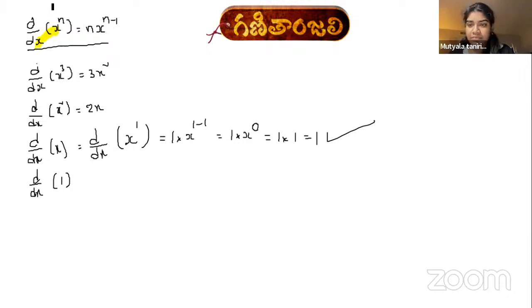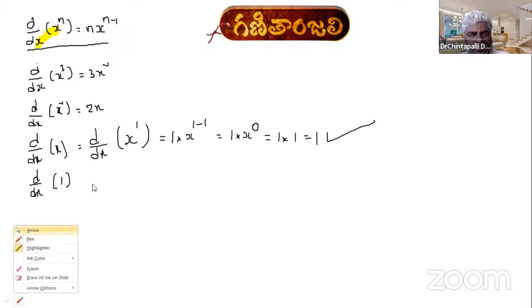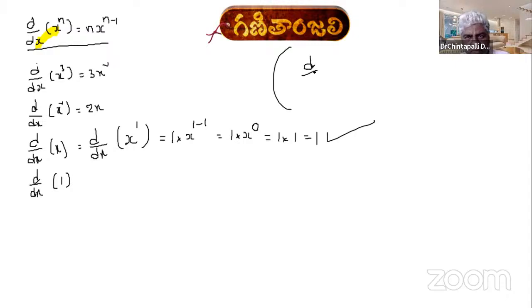One may think, and it is wrong thinking, that d by dx of 1 means 1 power 1 or 1 power 0. Don't use this formula like that. Here, x is considered as x power 1.